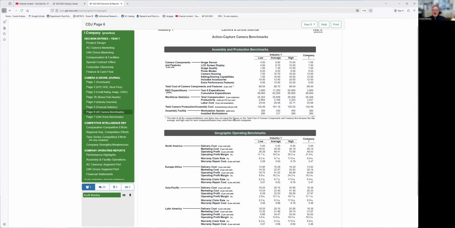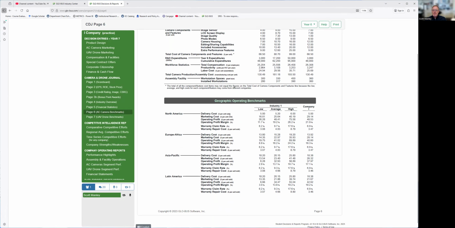Now, down below that, you'll see some geographic operating benchmarks, which give you your operating profit margins. It tells you delivery cost and marketing cost and gives you operating profit, for all four of your geographic areas so that you can benchmark those numbers against the industry.